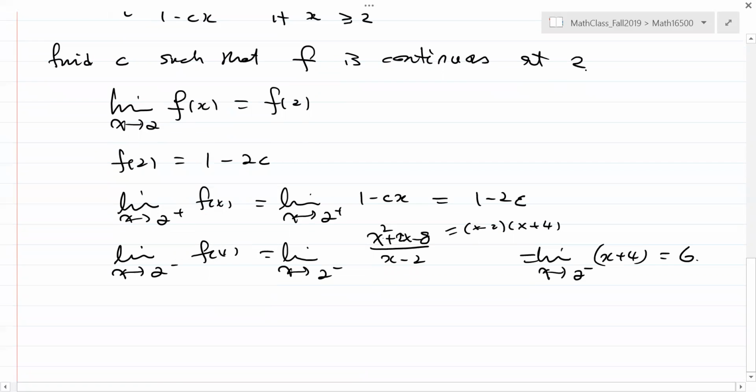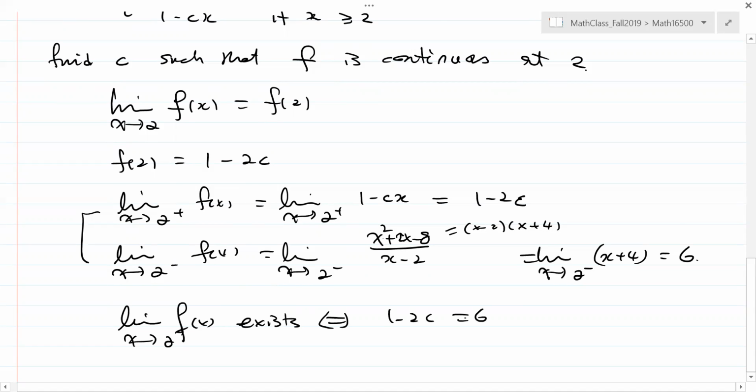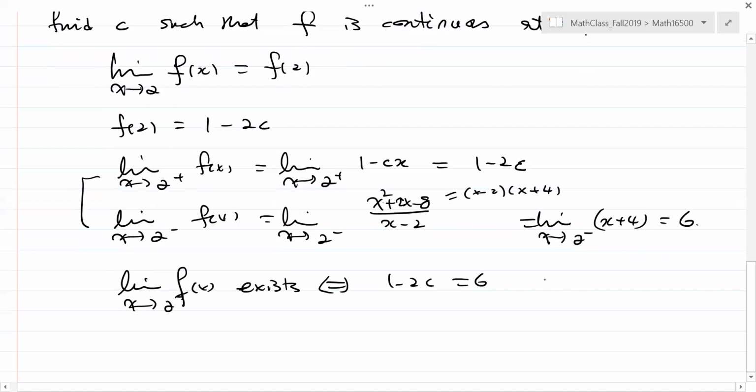Therefore, first of all, we have to make sure this limit exists, right? This limit exists if and only if the left-hand limit equals the right-hand limit. So then c is going to be negative 5/2.